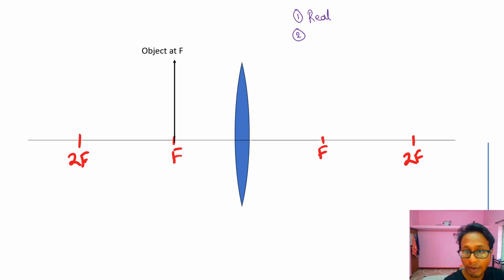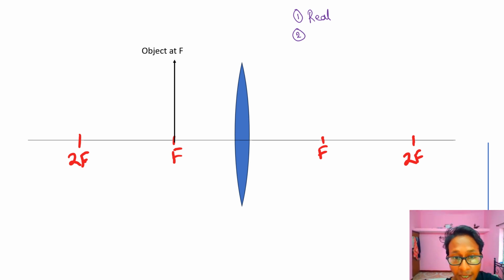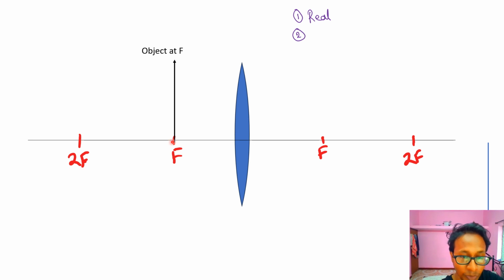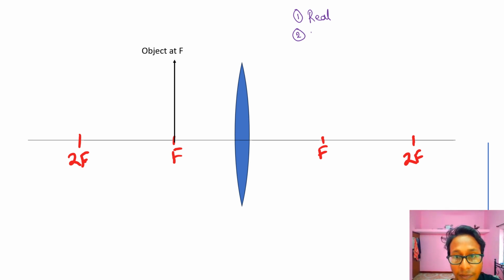But here magnification is extremely large. That means if the object was a point object, the image would be formed very large. So magnification here is very large.